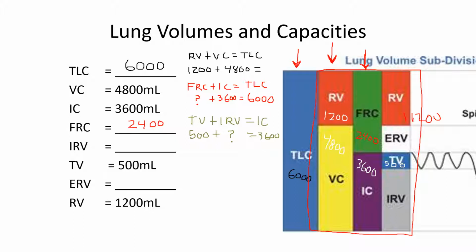this right here. I guess I'm looking at IRV. So these 2 columns now have to equal the same: 3,600 for that column and 3,600 for this column. If we know TV is 500, then IRV has to be 3,100. And lastly, we're going to solve these 2 shorter columns here.